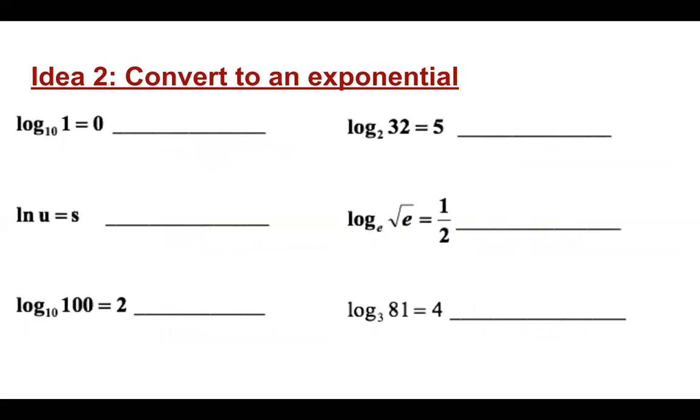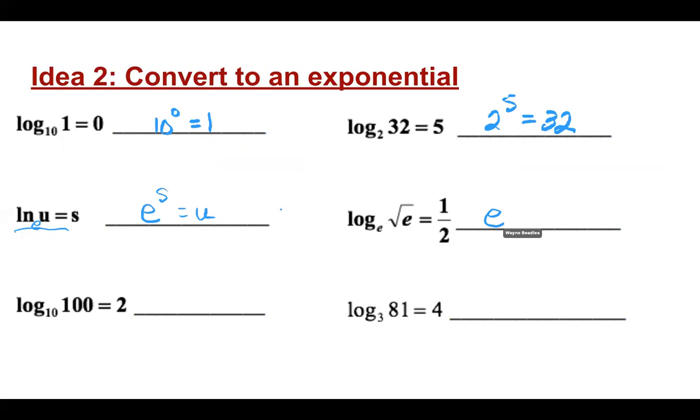And so sometimes they want you to go the other way, changing the logarithm to an exponential. So 10 to the 0 is 1. Well, we know that's true. We know that 2 to the 5th is 32. So rearranging this stuff. Oh, wait a second. No, this is ln of u is s. Well, remember, this is base e. So e to the s is u.